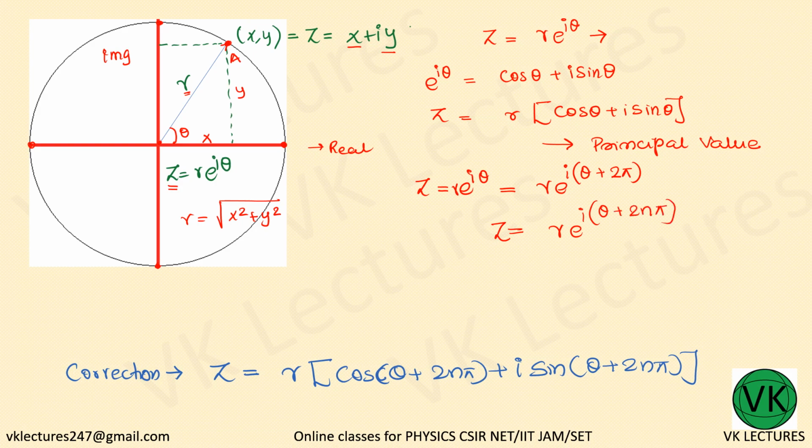So with theta plus 2n pi, z remains the same. Z, which is r e to the power i theta, remains the same even after n rotations. So this term is called the general value.